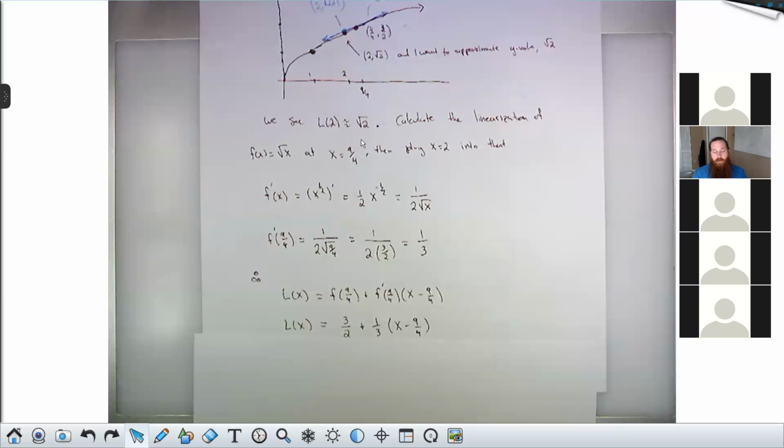And then the remaining topics before exam 1 are applied optimization, where you take a real world problem and find a min or a max, and then sketching a graph of a function using information from its first 2 derivatives. So you use the first derivative to find where your function is increasing and decreasing.